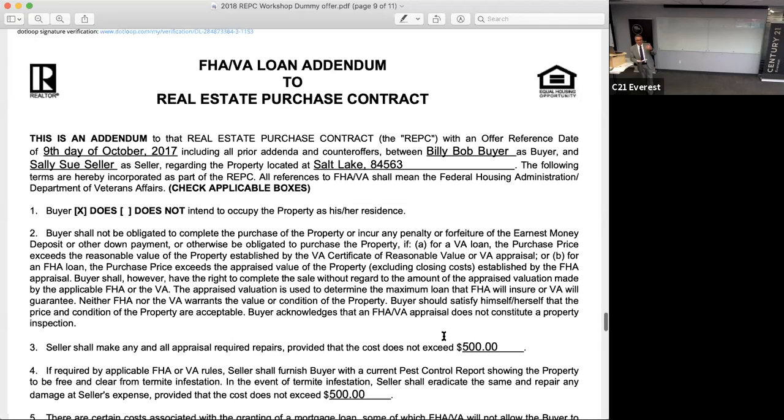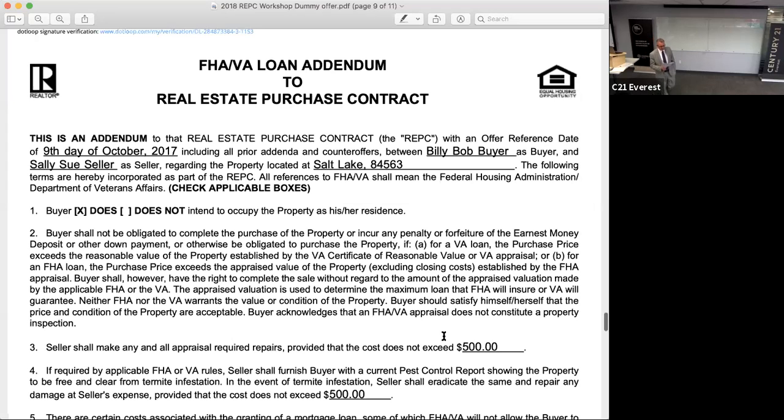But if it is not safety related, they're typically not going to have an issue. Probably the number one thing you're going to run into on section 3, seller appraisal required repairs, is a handrail going to the basement. In my 25 years, that one has come up more than any other thing: there's not a handrail.